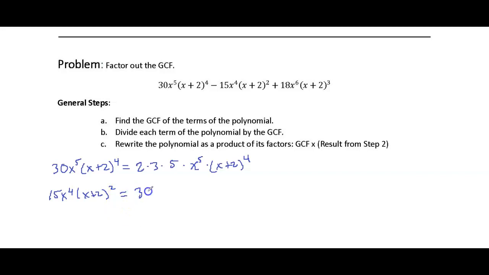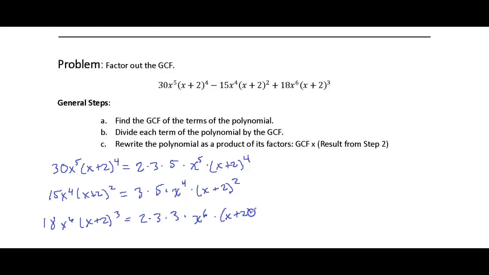This will factor to 3 times 5 times x to the fourth times (x plus 2) to the second. Then we have 18x to the sixth times (x plus 2) to the third power. This will factor to 2 times 3 times 3 times x to the sixth times (x plus 2) to the third power.